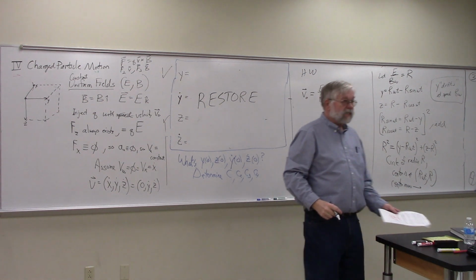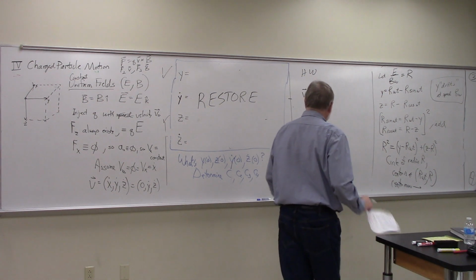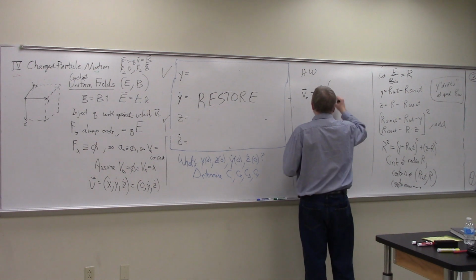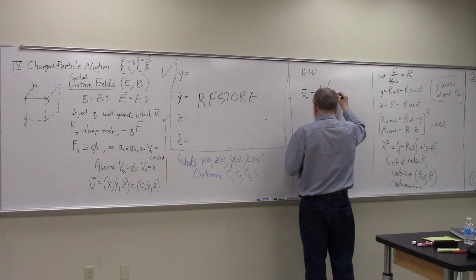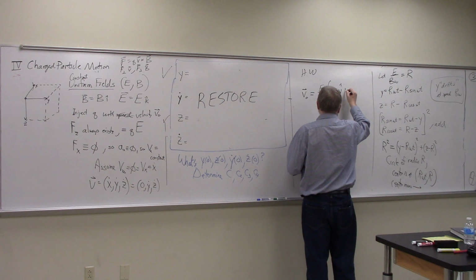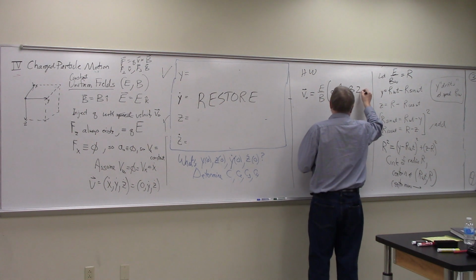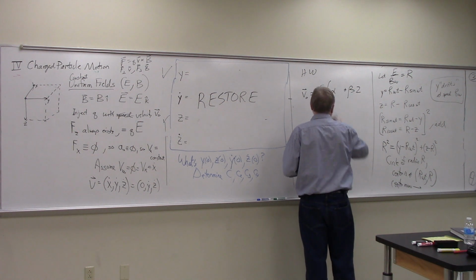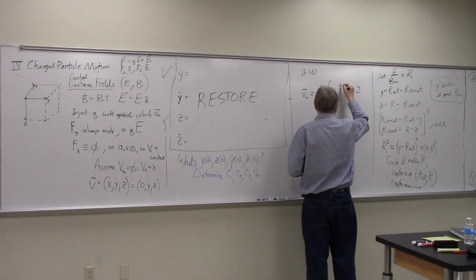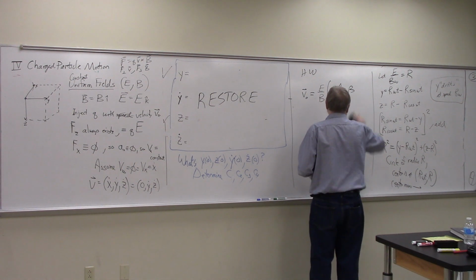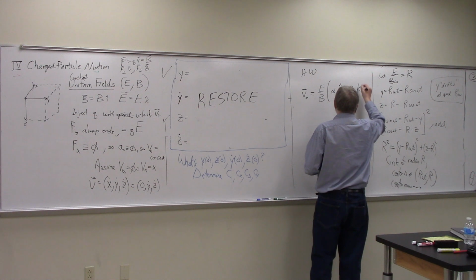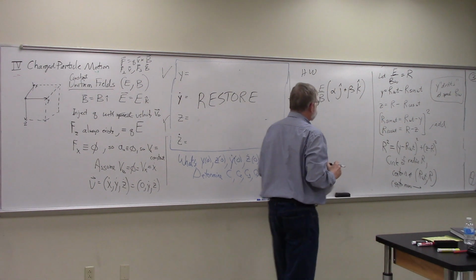E over B is a velocity. And then we'll say it's got some motion in the y direction, it's not y hat though. How do we spell it in this class? We spell it j hat. Some motion in the z direction.